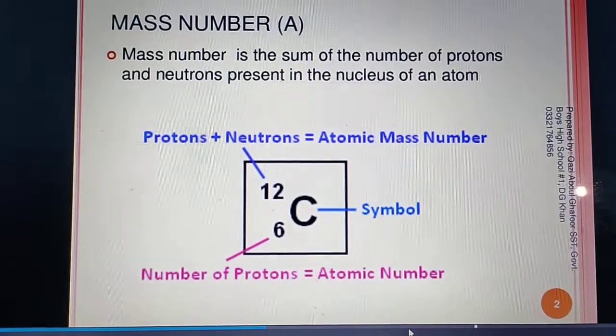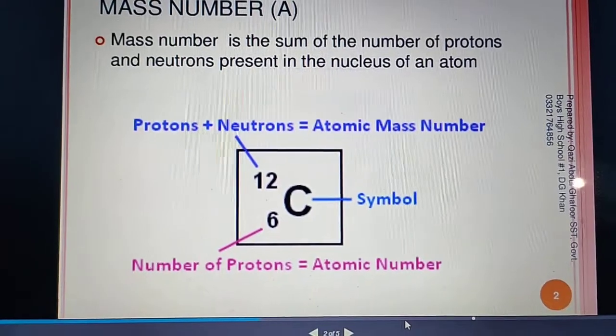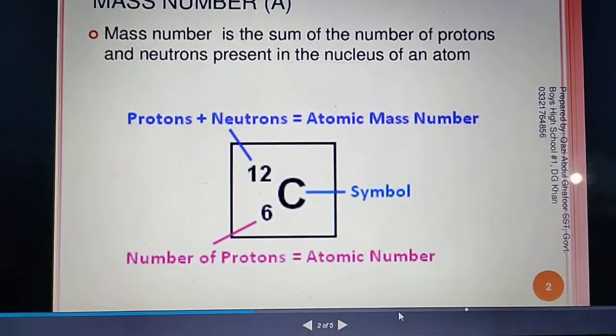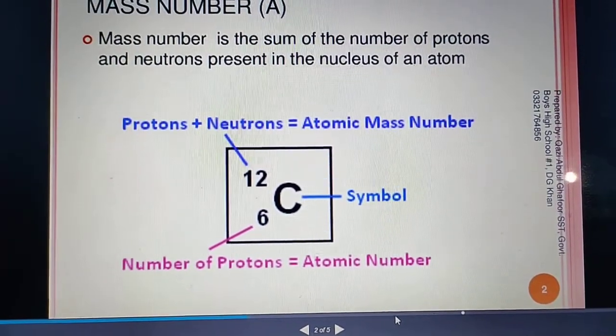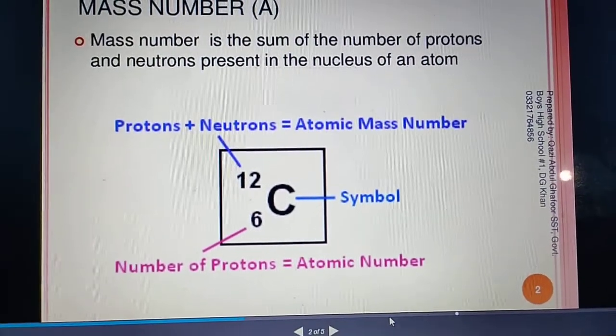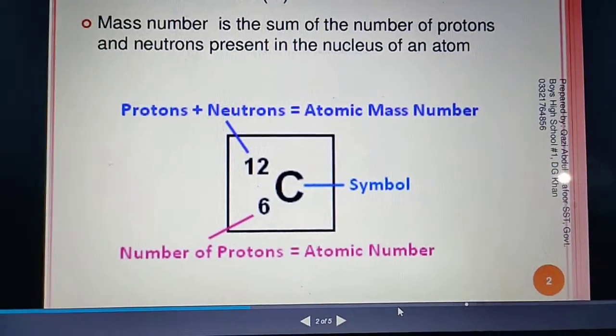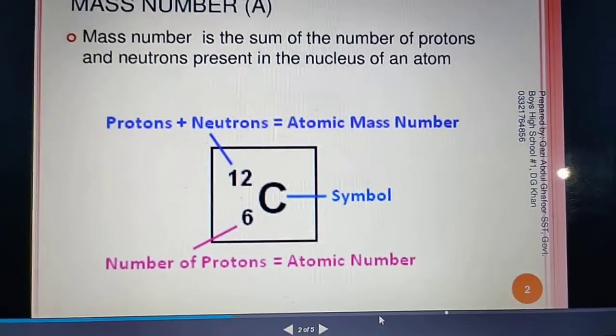Then in the superscript 12 is written, so the mass number is 12. Protons are 6, so from here you can find neutrons: 6 plus neutrons is equal to 12. So 12 minus 6 is 6.